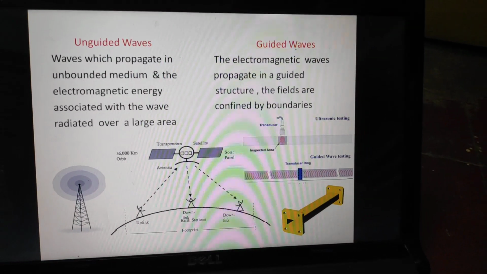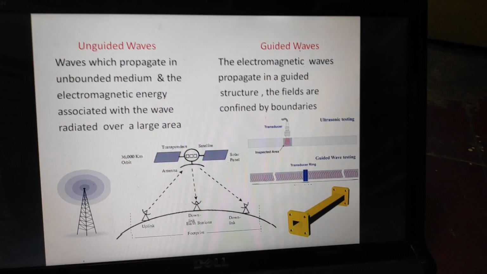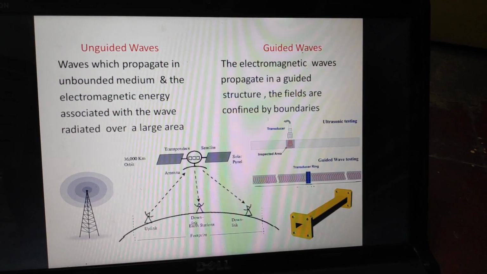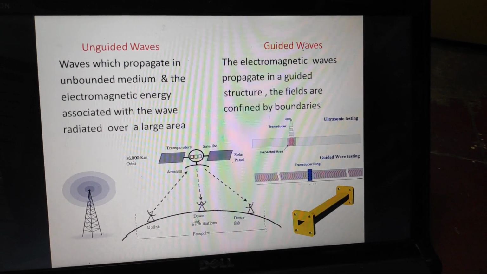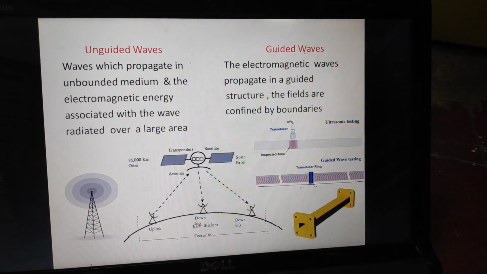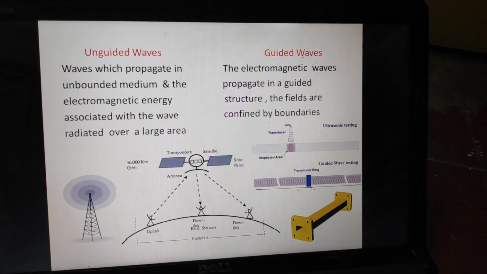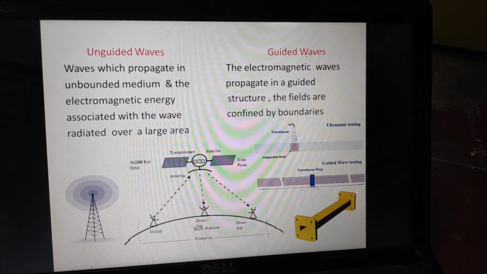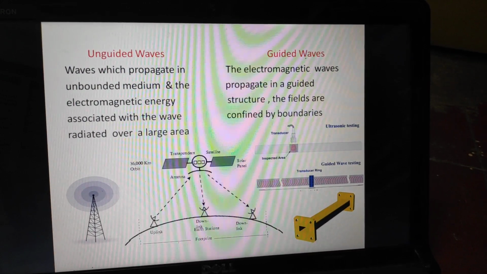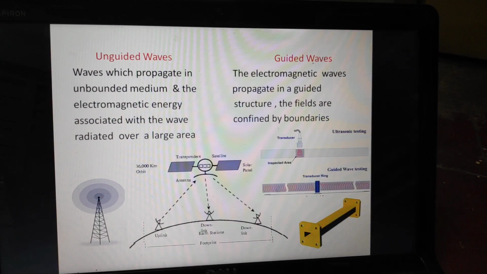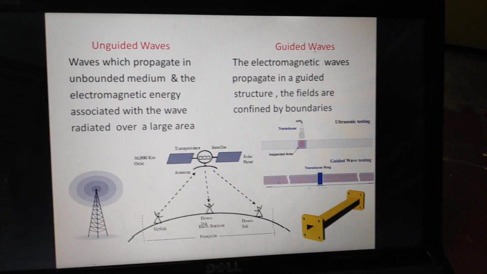You can also take our satellite as an example. In the case of an Earth station, the waves will be radiated from the Earth station, and the same electromagnetic waves will be received by the satellite, and again sent back to the Earth station. So these types of electromagnetic waves which don't have any specific boundaries, we call unguided waves.